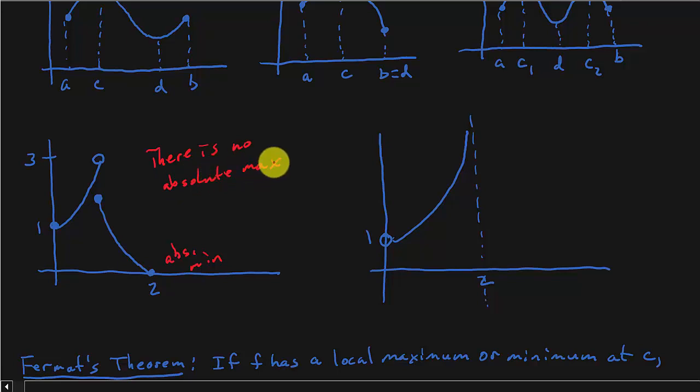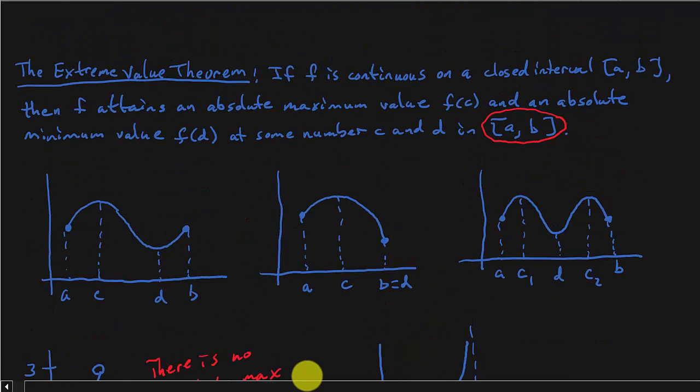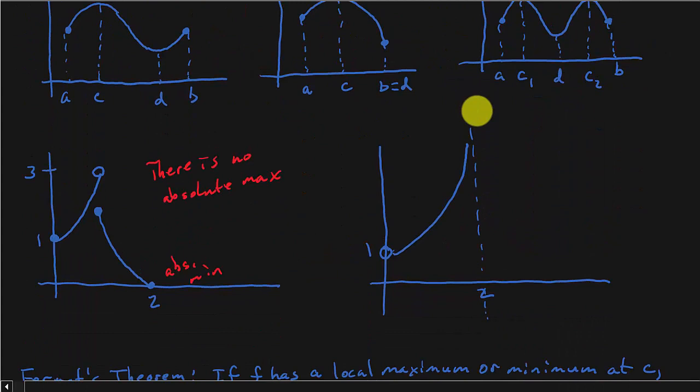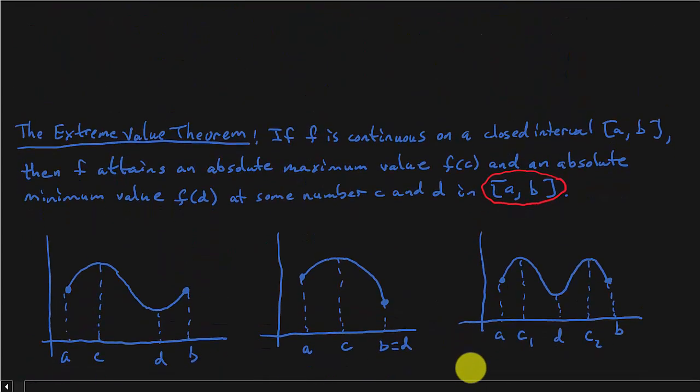Okay? But remember, up here it did say that F attains an absolute maximum value and an absolute minimum value at some number C and D. It's saying it has both. But so what's the problem? Can you see what the problem is? Look at this function.